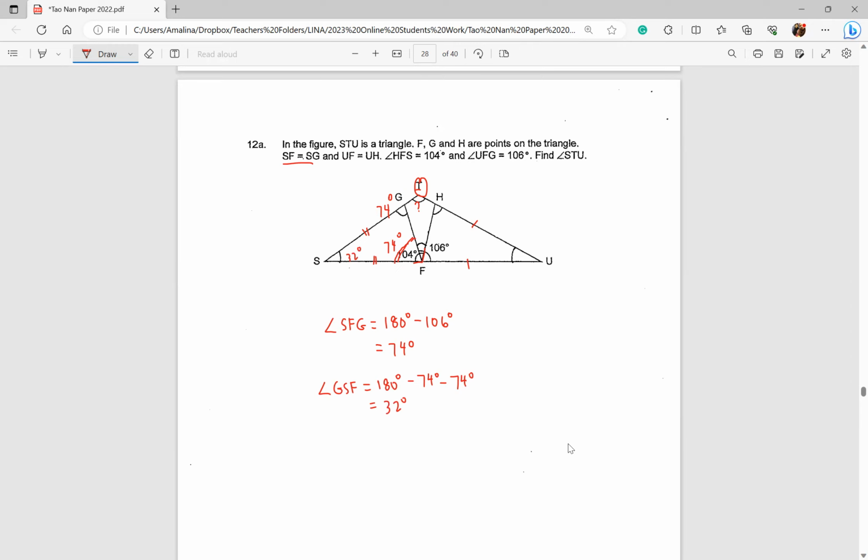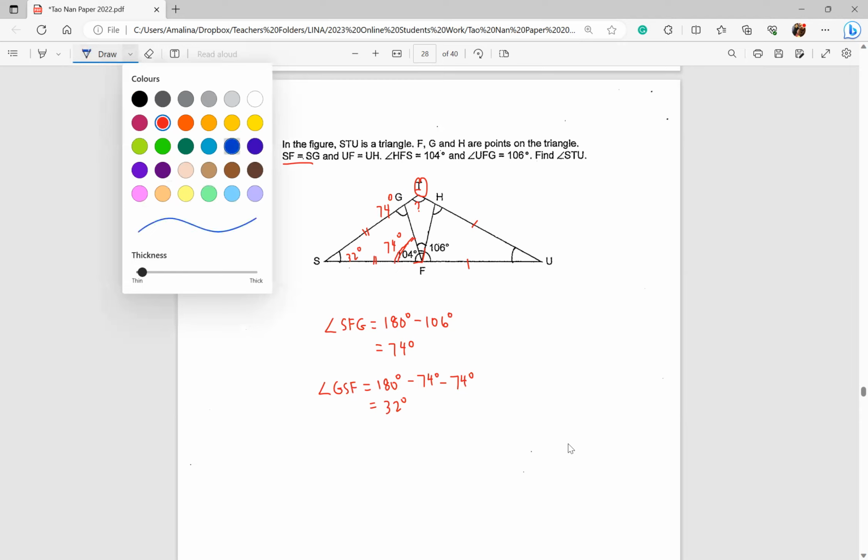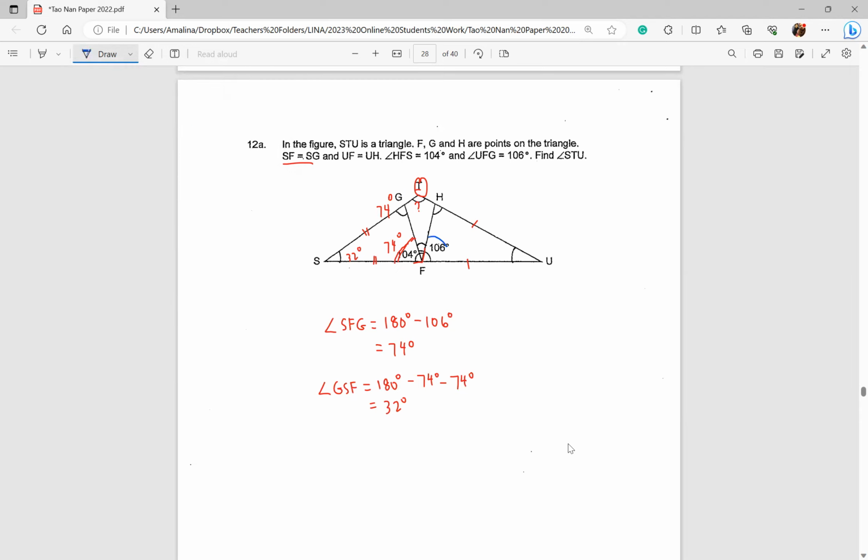Now do the same thing for the right triangle. So for triangle HFU, now same idea. Let's find this angle first. How to find this angle? Maybe I use another color. So I want to find angle HFU.